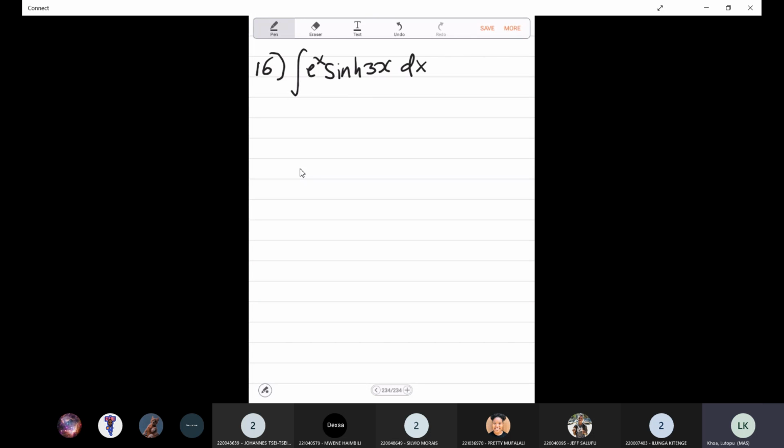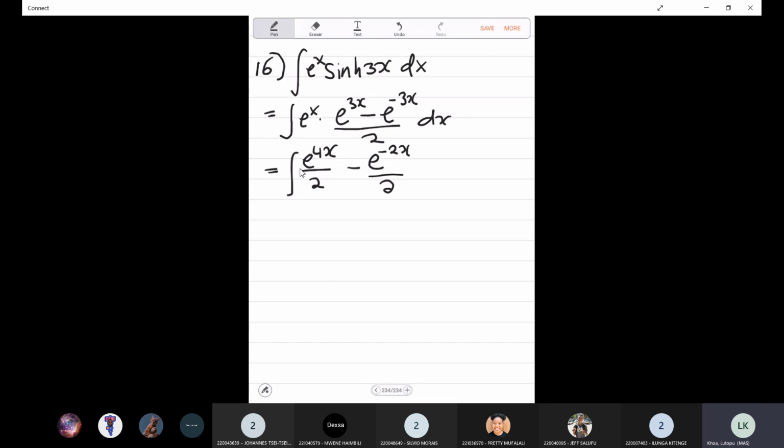So the idea is the same. The hyperbolic sine, you must rewrite it in terms of e to the power of something. So this is the integral of e to the power of x times e to the power of 3x minus e to the power of minus 3x over 2 dx, which is the integral of e to the power of 4x over 2 minus e to the power of minus 2x over 2 dx.